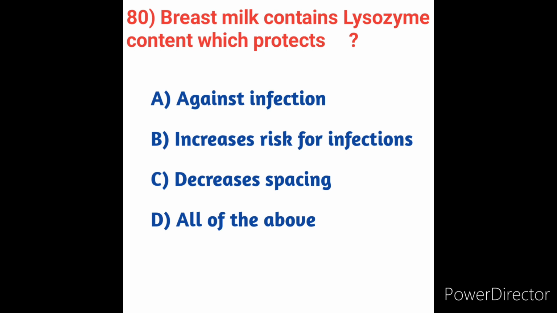Human milk consists of 87% water, 1% protein, 4% lipids and 7% carbohydrates. Immunoglobulin G antibodies in breast milk help shape infants' gut bacteria and immunity. Researchers have known for some time that maternal breast milk provides critical nutrients for newborns. So here breast milk contains lysozyme to protect against infections. Option A is the correct answer.